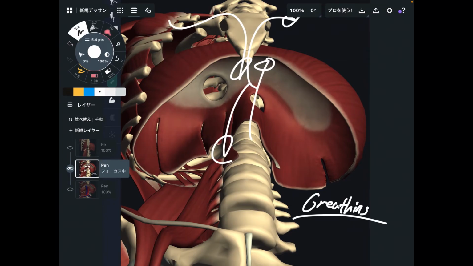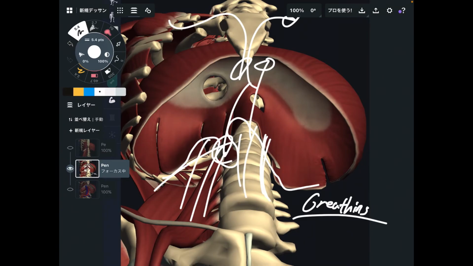Then there's a lot more function. As I showed you before, there are a lot of attachments of diaphragm that attach to lumbar spines, myofascial connection for psoas, quadratus lumborum, there is connection to intervertebral disc. Then there are a lot of things to do for core, like that maintains abdominal pressure.